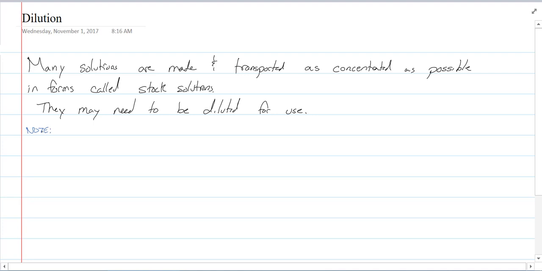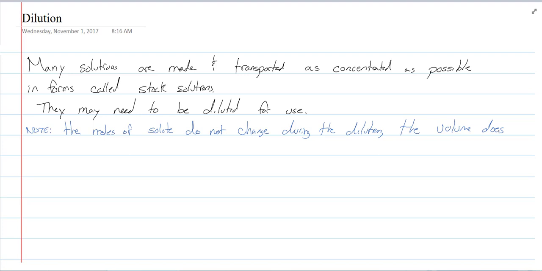All right, so now I want to put in a little note. No reactions here. The moles of solute do not change during the dilution. The volume does. If you go back to your Sonic drink, whatever soft drink they put in there is a fixed amount.